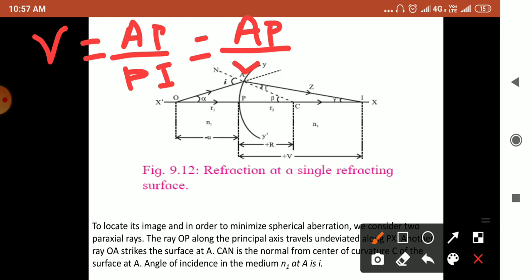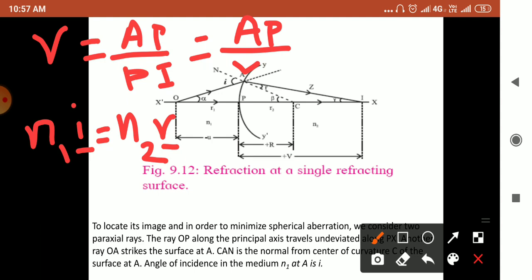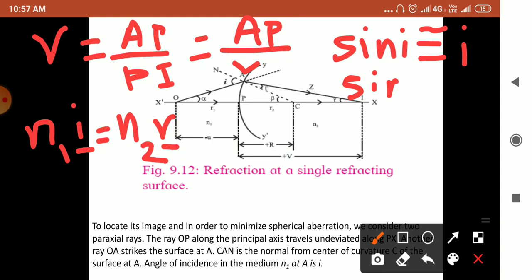Now from all these equations, n1 i is equal to n2 r, because angle i and angle r are very small. So we can write sin i approximately equal to i and sin r approximately equal to r.